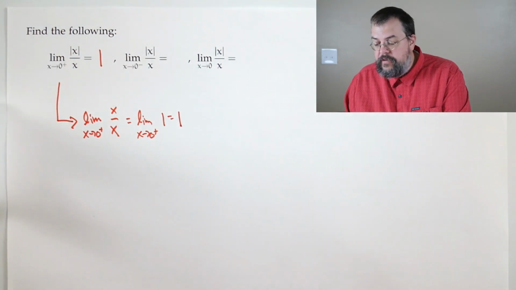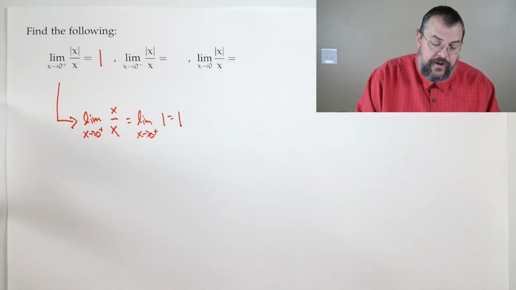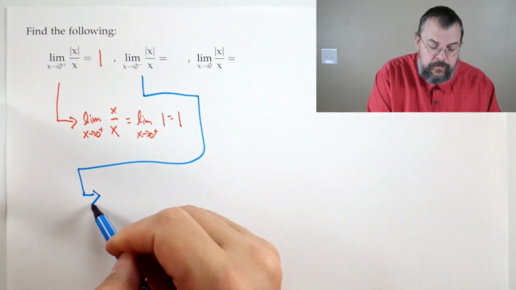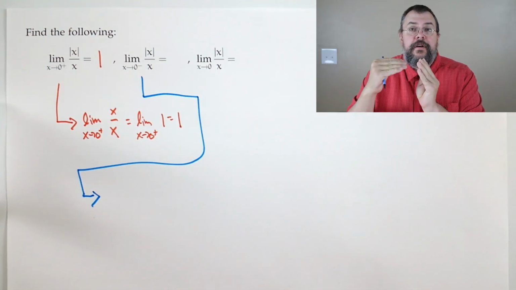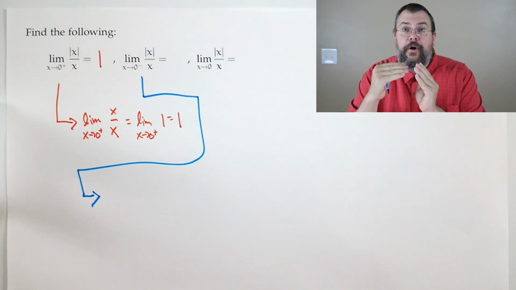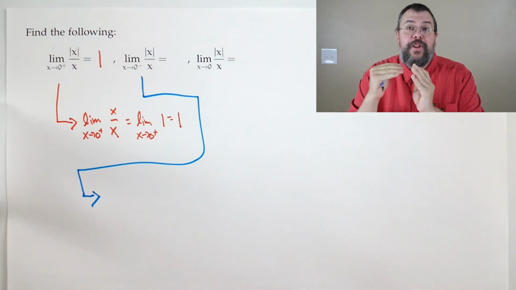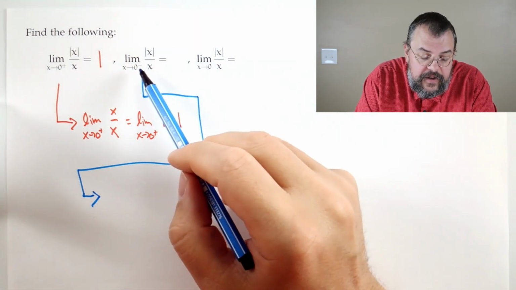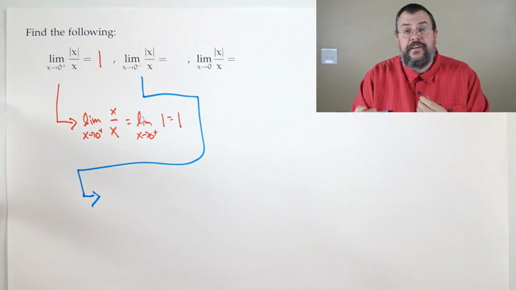Okay, well, that's the first one. Let's do our second one. Now, what's happening here? I have 0 again, and I'm coming from below, right? Now, if I come from below, absolute value of x will change the sign.